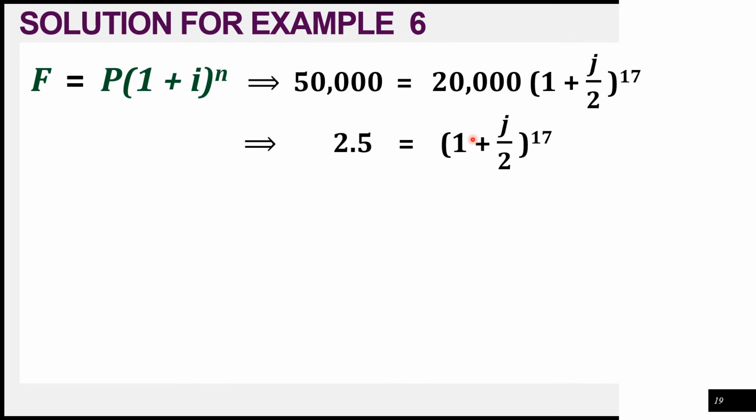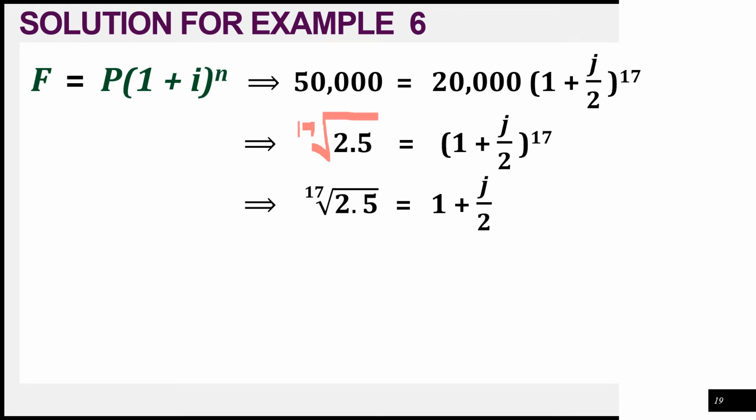Now, for us to be able to get the value of j, here's what we're going to do next. Just like what we did earlier, we are going to eliminate the power, or the exponent 17, in this quantity by getting the 17th root of both sides of the equation.